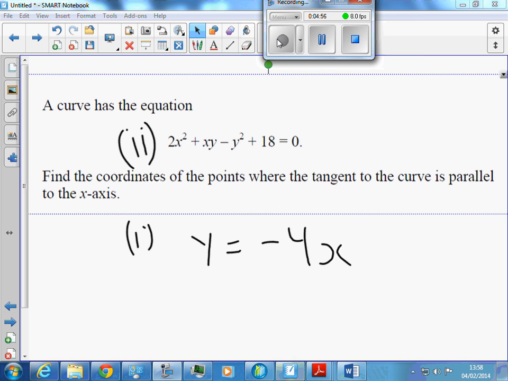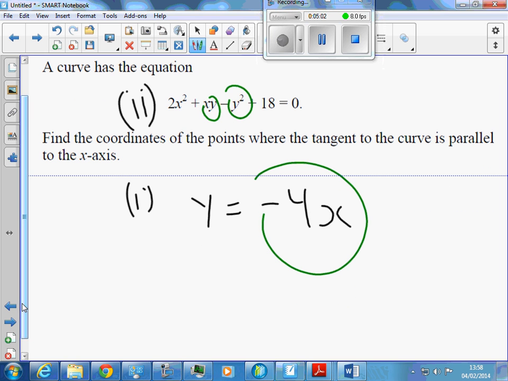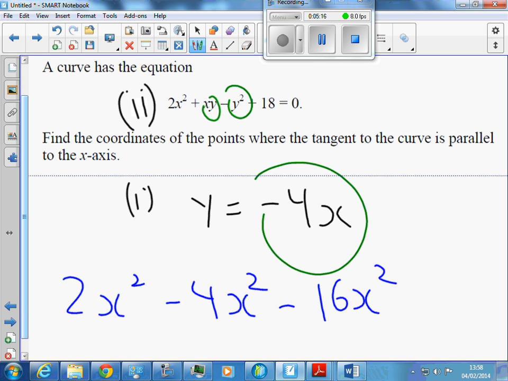Now I sub in. Where I see y, I put minus 4x, so let's do that. So I have 2x squared minus 4x squared minus 16x squared plus 18 equals 0.